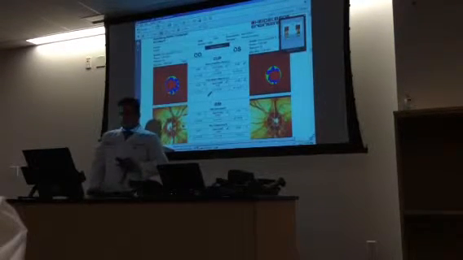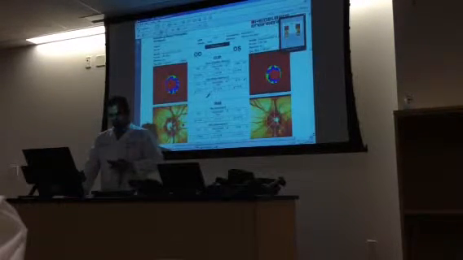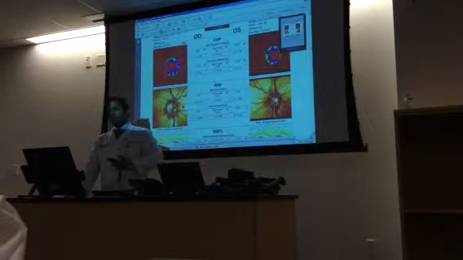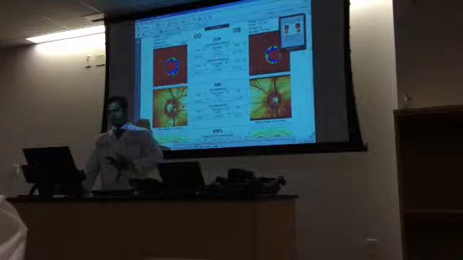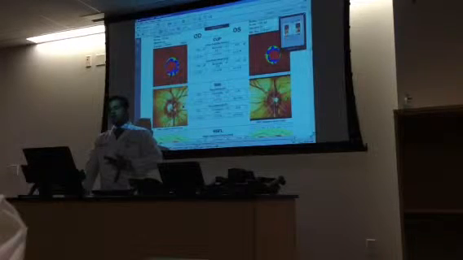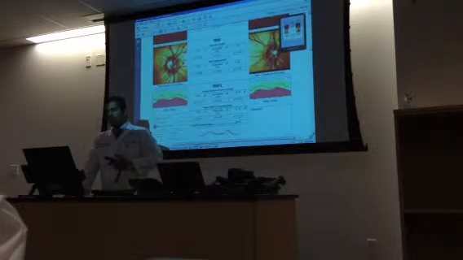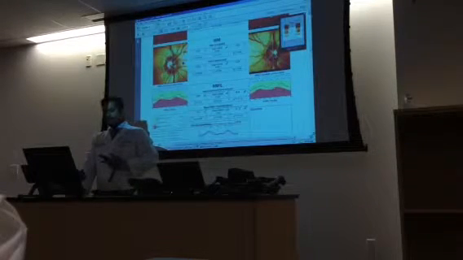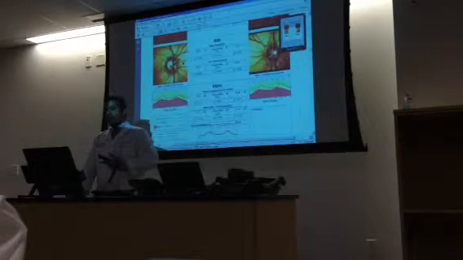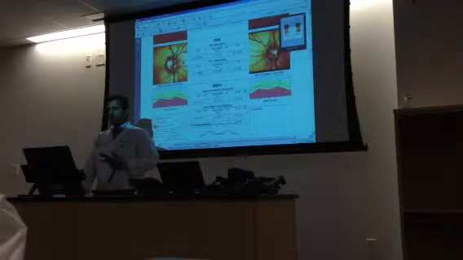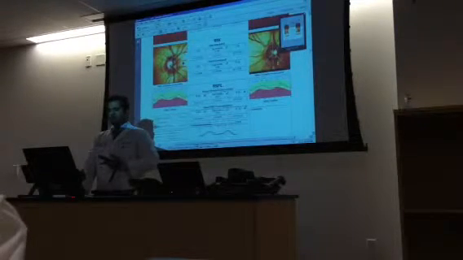The rim parameters, they tell you how much rim area and rim volume is present. They all have little symbols next to them to tell you if they are normal, so there's no value that you would need to remember. The retinal nerve fiber layer is not very helpful in telling you whether this person is suspicious for glaucoma or not as far as HRT is concerned.